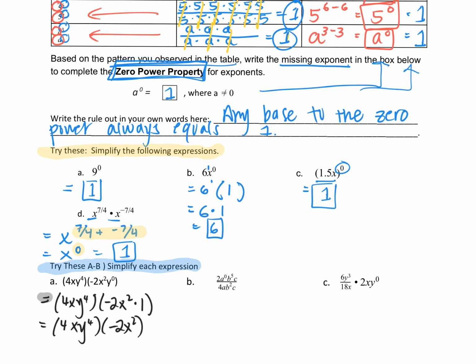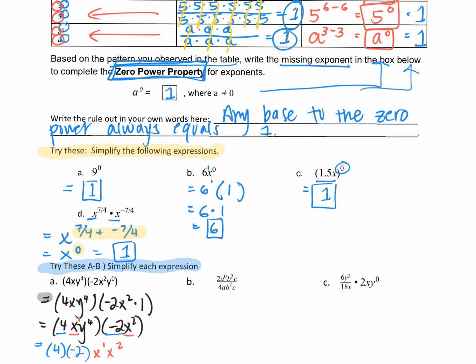At this point, I'm going to simplify. That means I'm going to put together the things that are the same or similar. So like 4 and negative 2. Let's put that together. For the x's, we have x to the first. There's an invisible 1 there, and x squared.